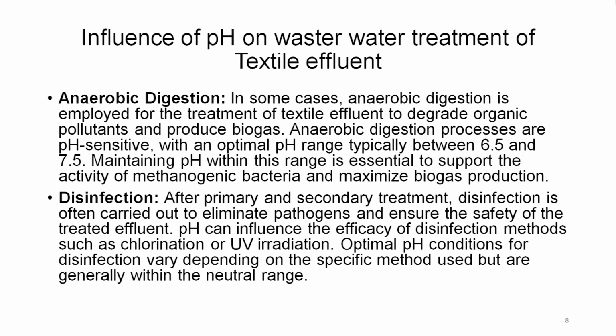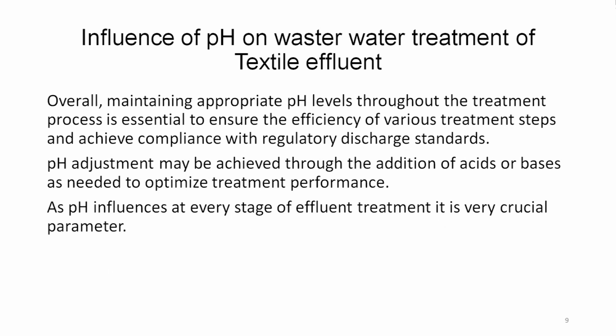Optimal pH conditions for disinfection vary depending on the specific method used, but are generally within the neutral range. Overall, maintaining appropriate pH level throughout the treatment process is essential to ensure the efficiency of various treatment steps and achieve compliance with regulatory discharge standards.